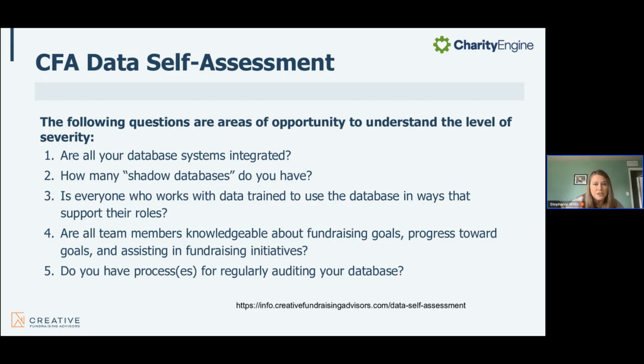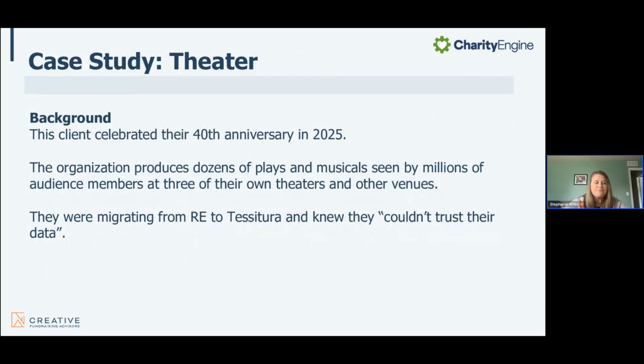You're welcome to take that self-assessment, and there are also some resources that you're going to see. Keeping in mind, I am not going to share specific client information, but I will give a broad snapshot. This theater organization celebrated their 40th anniversary in 2025.